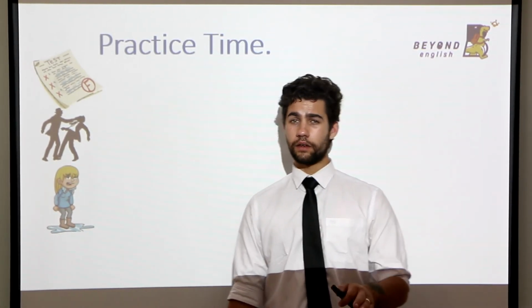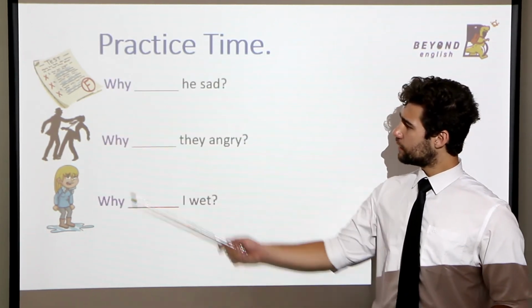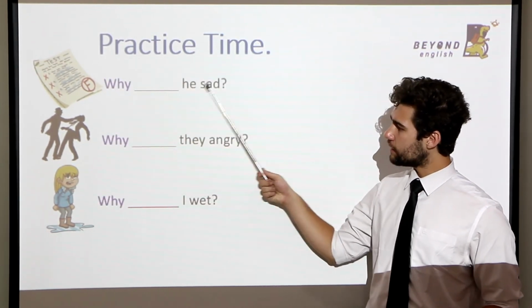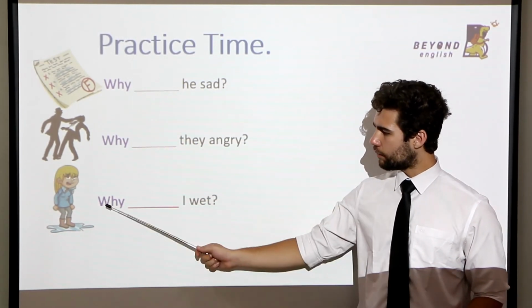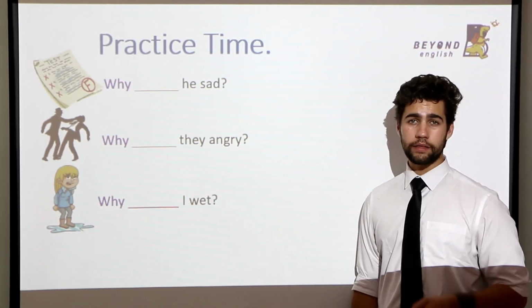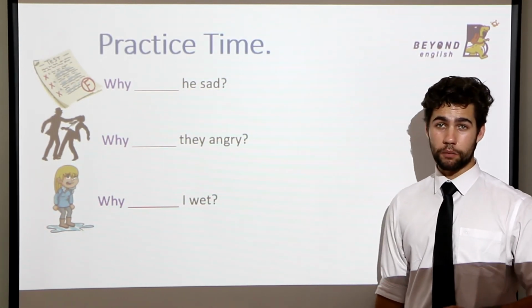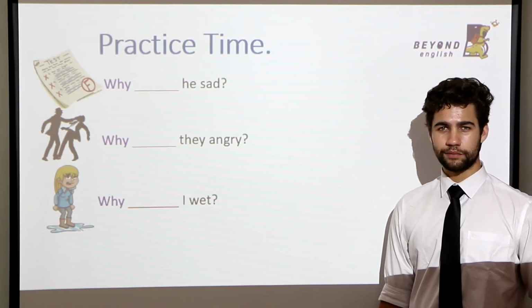All right, now let's look at some sentences. Why, he sad. Why, they angry. Why, I wet. Write down the correct form of the verb to be. You have 1 minute. Let's go.